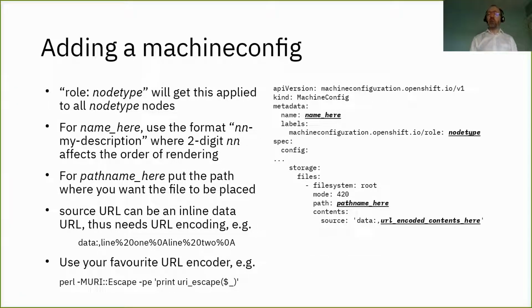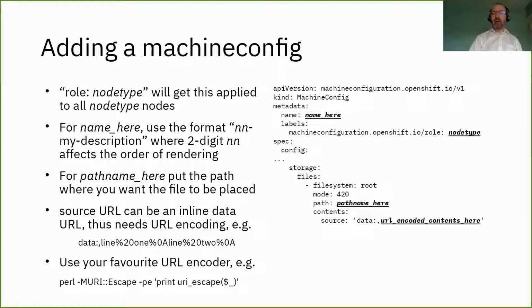So if you want to drop a file or some files into /etc typically to configure these things, then what you do is you create a machine config object and you give it a label of role node type, with the URL prefix so that you're not clashing with anybody else, machineconfiguration.openshift.io/role. And so if you give it a label of role worker, then these files will be dropped into all the worker nodes for you.